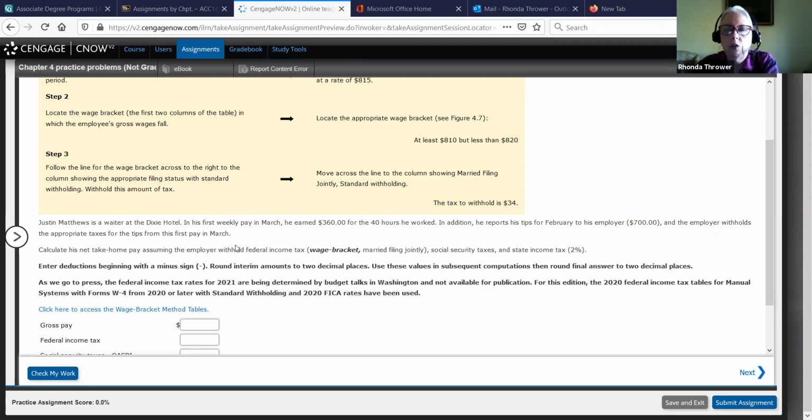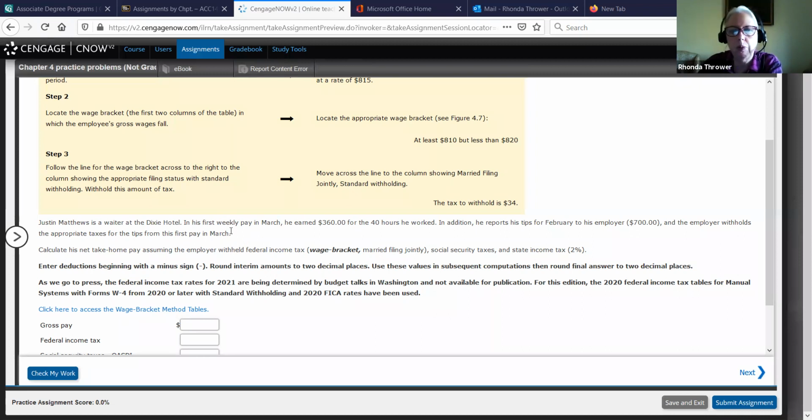Those are the pay periods that the tables are set up for. So it's important for you to pick out important information that was given to you before you decide to calculate the federal income taxes. We need to know that this was a weekly pay. So what I would tell you is that you should probably write down that this person is paid weekly.